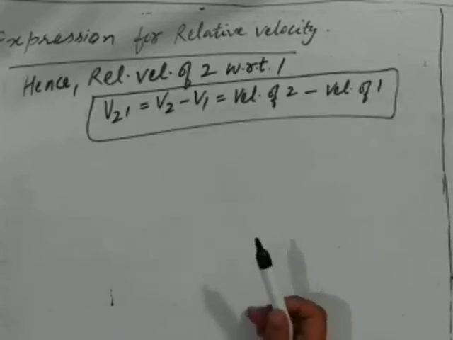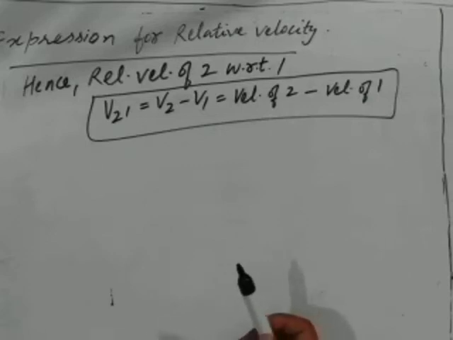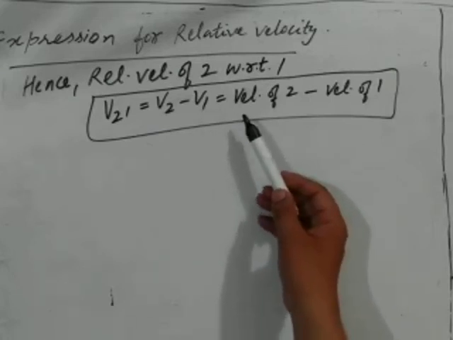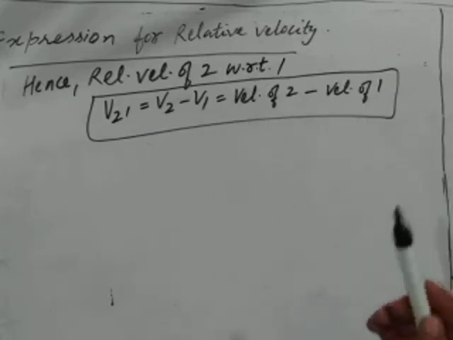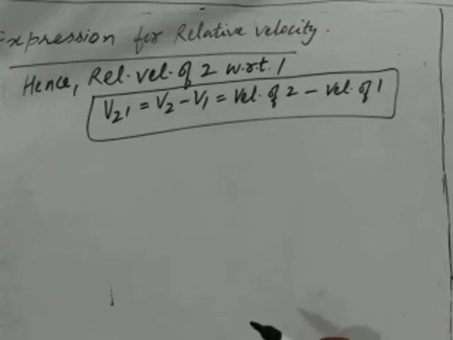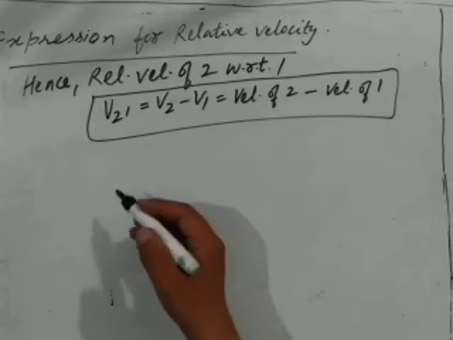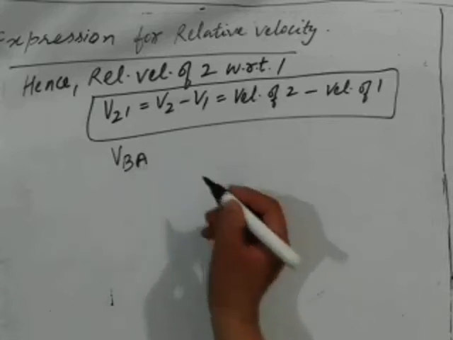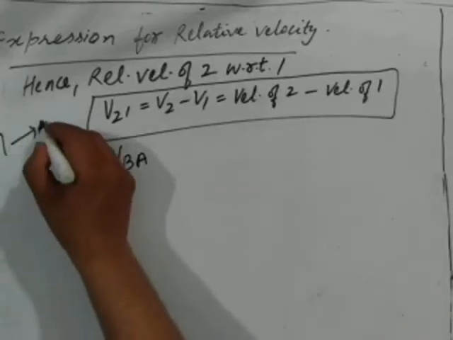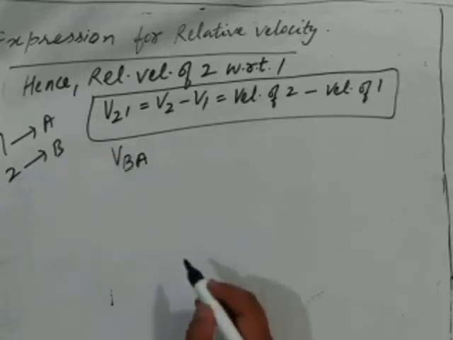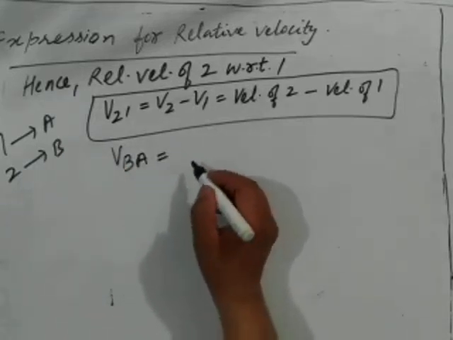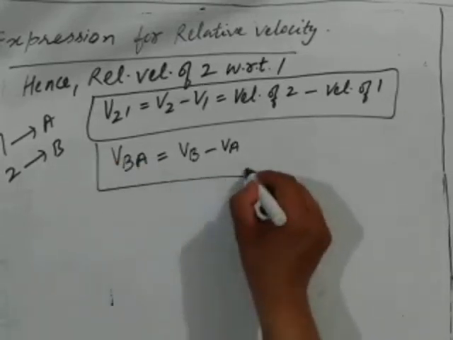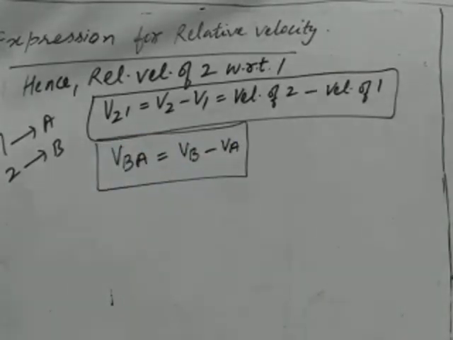Hence, v21 is equal to v2 minus v1, that is velocity of 2 minus velocity of 1. If we take a and b instead of 1, 2, then vba is equivalent to vb minus va. So we have calculated this formula earlier by direct method.